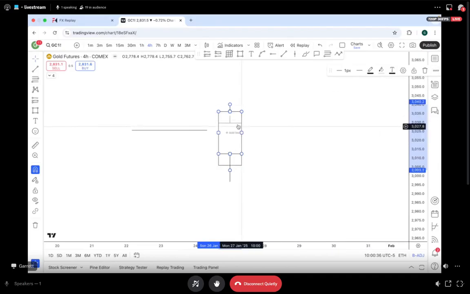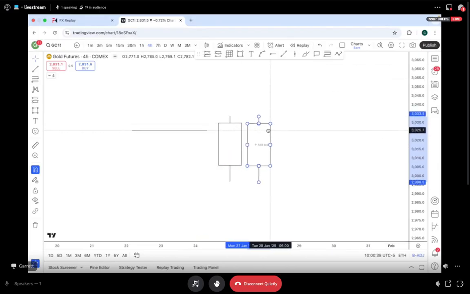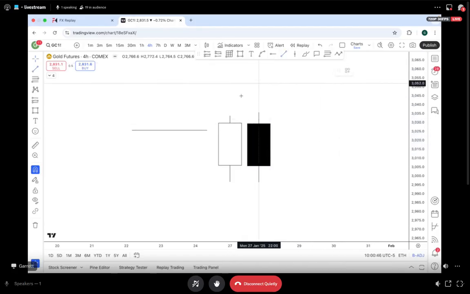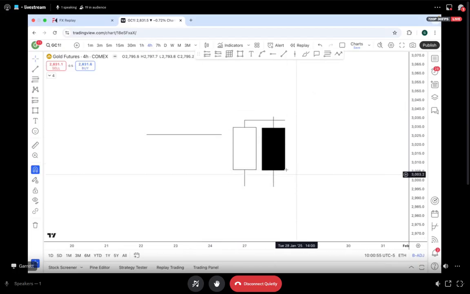Let me just draw this for you, just like this. Specifically on the daily and 4-hour time frame a lot of times because it's just more confirmation. But you can trade on any time frame like that.